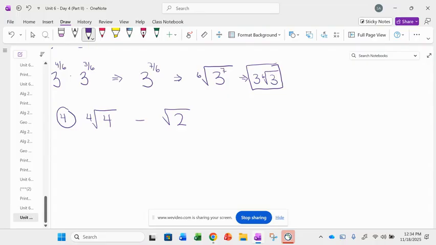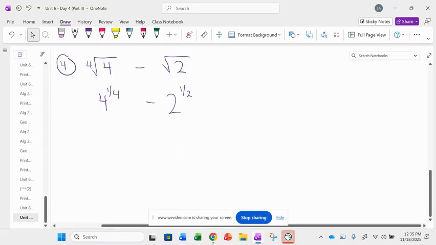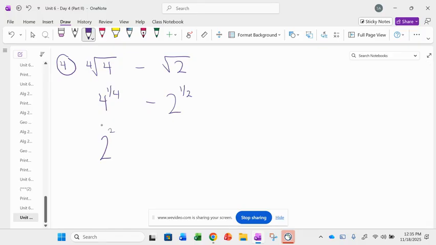Oh, wait, guys, didn't we do this problem yesterday? We did do this problem yesterday. All right, we're doing it again. This is 4 raised to the 1/4 power minus 2 to the half power, because I was jumping around yesterday. And then we need the same base, so we're going to change this into a base of 2. So this is 2 to the 2nd raised to the 1/4 minus 2 to the half.